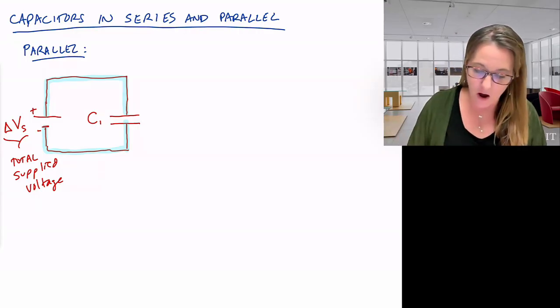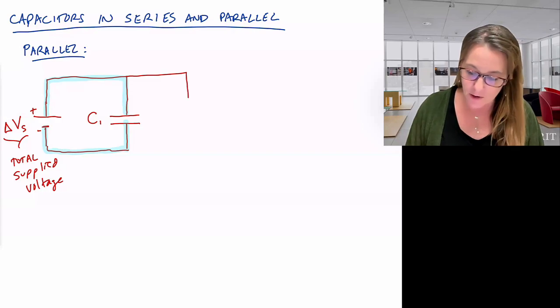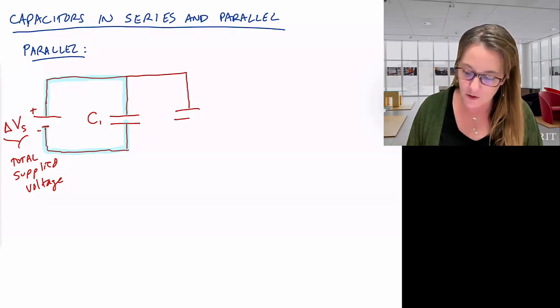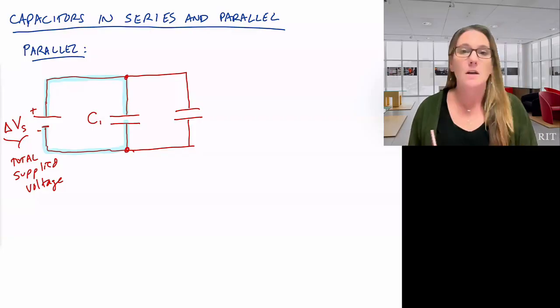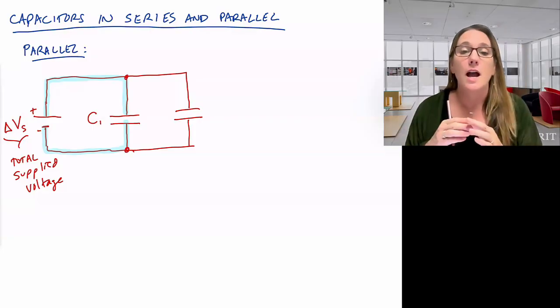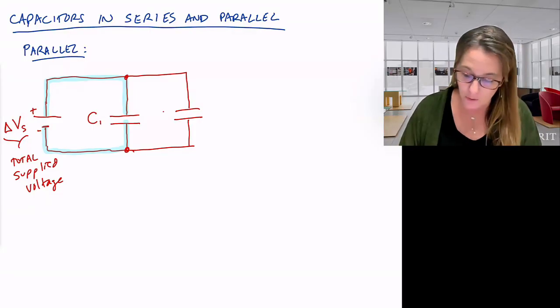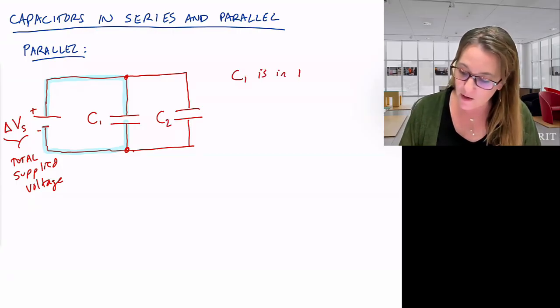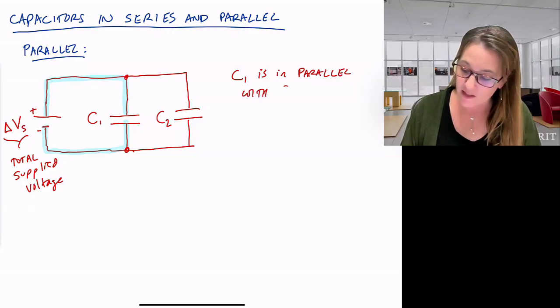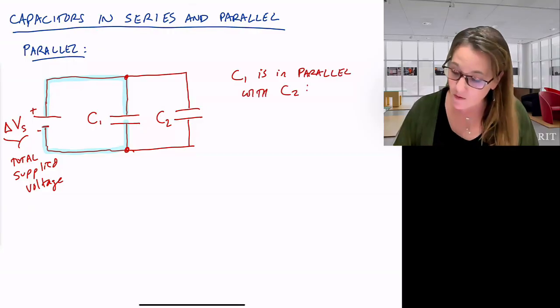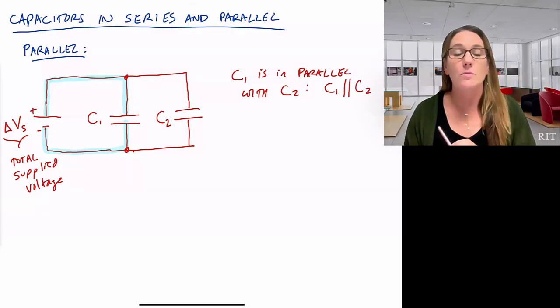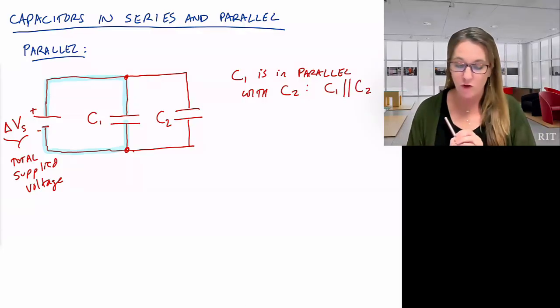So if I then draw another capacitor here, say C2, and we can see that we connect these points where there's a junction and it changes which loop you can go through, then what we say here is that C1 is in parallel with C2. We might write this as C1 parallel to C2, just to keep our notation straightforward.